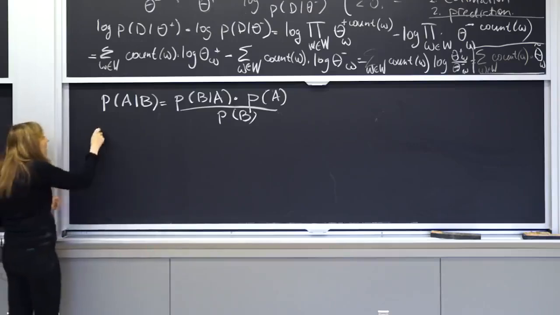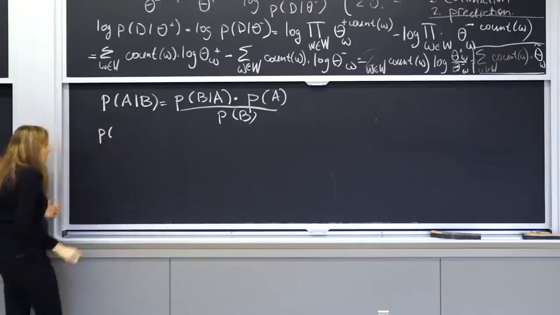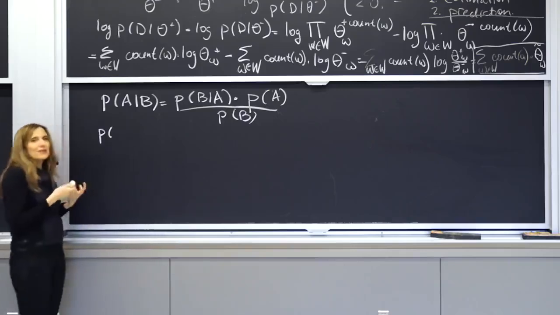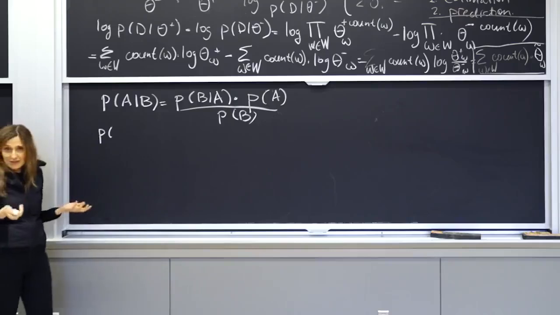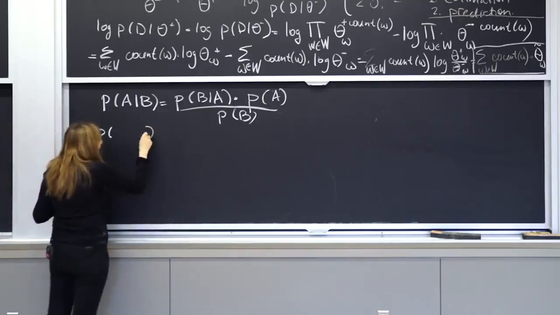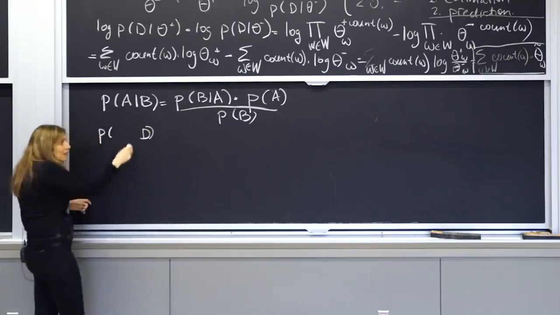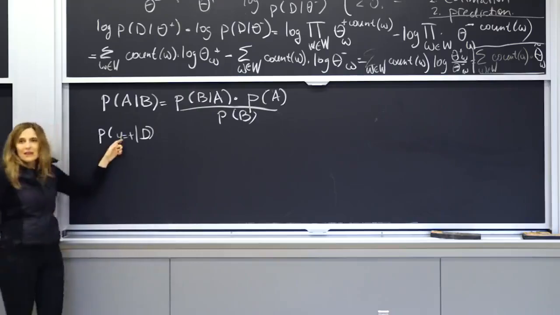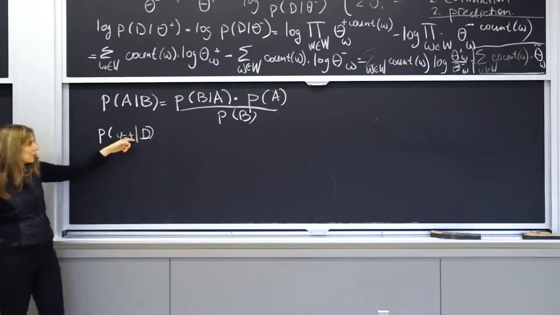So again, my goal here is to compute the likelihood that my document is going to get labeled plus, for instance. So I'm saying, what is the likelihood that given document D, I will give to it label plus, okay? That I will give to it label plus.